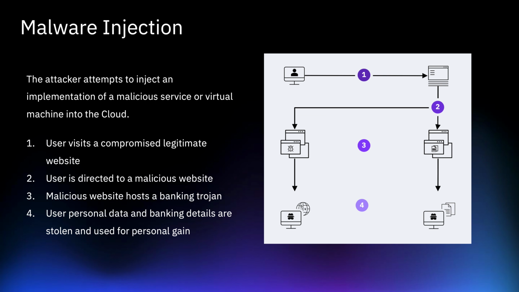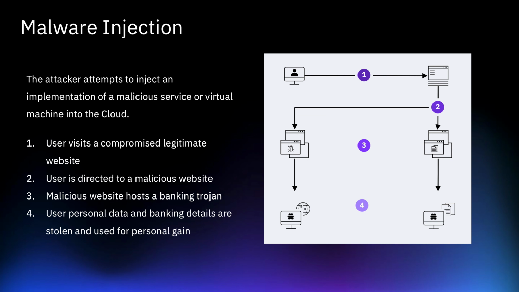Malware injection. It is a kind of attack wherein the attacker attempts to inject an implementation of a malicious service or virtual machine into the cloud. Let's look at the diagram in the window. A user is trying to visit a legitimate website, but the user is directed to a malicious website, and the malicious website will host a Trojan or a malware.